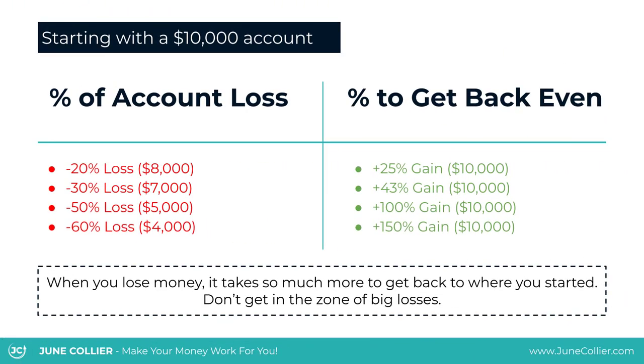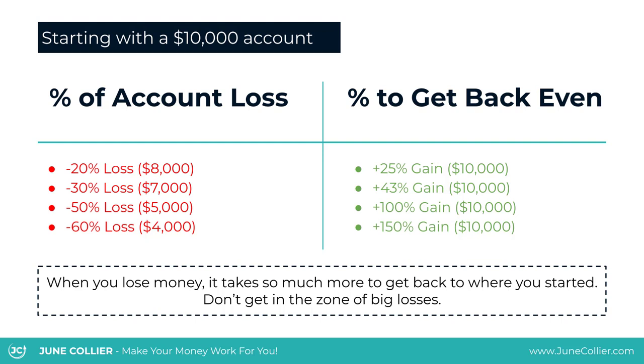It's important that you clearly understand why money management and risk management are so important. When you lose money in the stock market, it is a harder fight to just get back to even. For example, if you lose 20%, it takes gaining 25% just to get back even. If you lose 30%, it takes 43% to get back even.